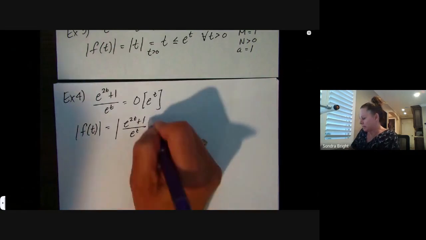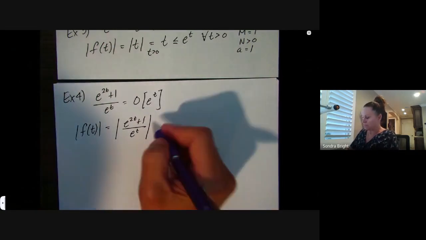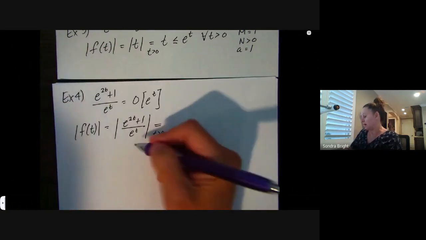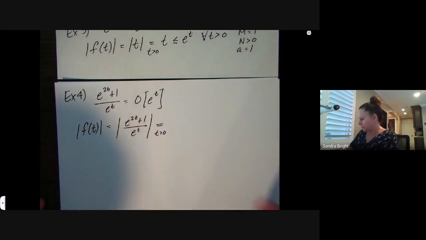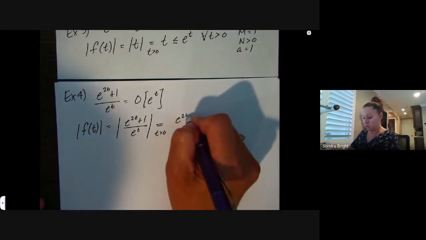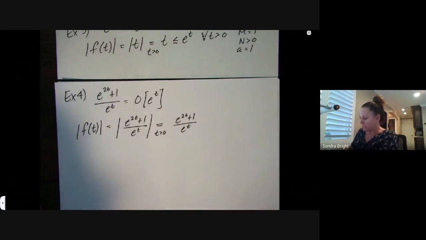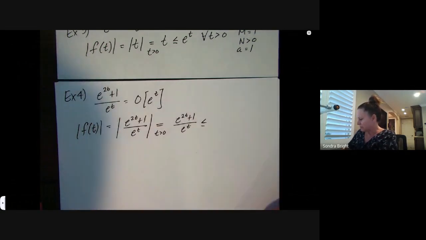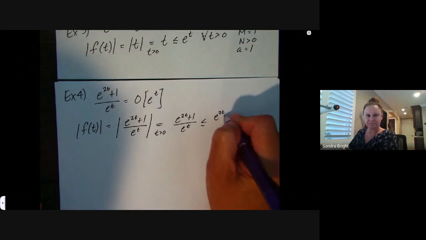For t greater than 0, we can drop off the absolute values. e to the 2t is always positive, e to the t is always positive, and adding a 1 is positive. So that is true. Now, I want to show that it's of the order of e to the t. So this is definitely less than e to the 2t plus e to the 2t over e to the t.